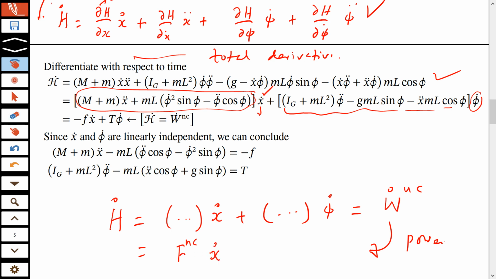So force times velocity gives me power, and that power is equal to h dot. Similarly, for a non-conservative torque, that torque multiplied by angular velocity, which is phi dot, will give me power. So power plus power. And because x dot and phi dot are linearly independent, I can match the coefficients.